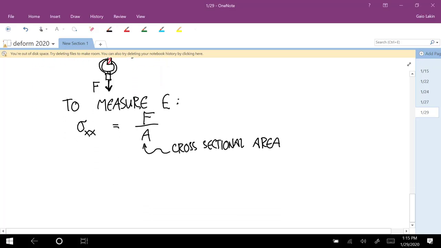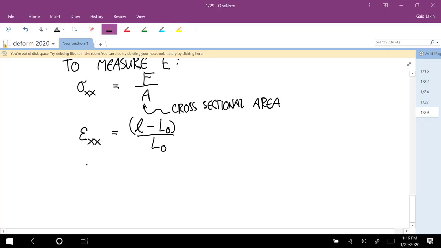And then you measure the XX strain, which is the deformed length minus the initial length divided by the initial length. And then the Young's modulus is the stress divided by the strain.